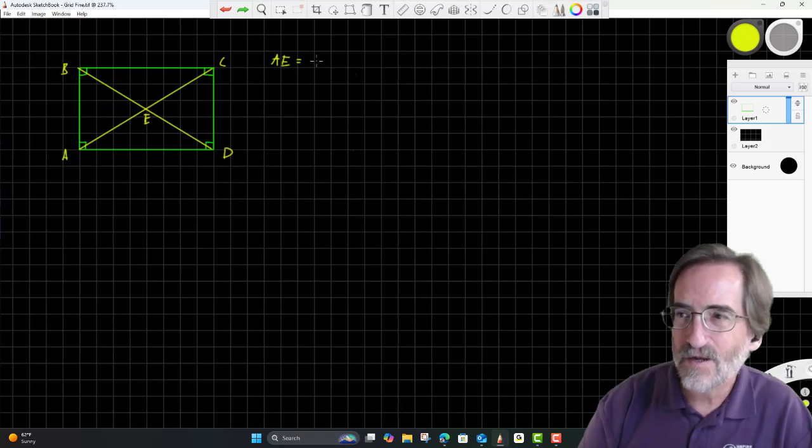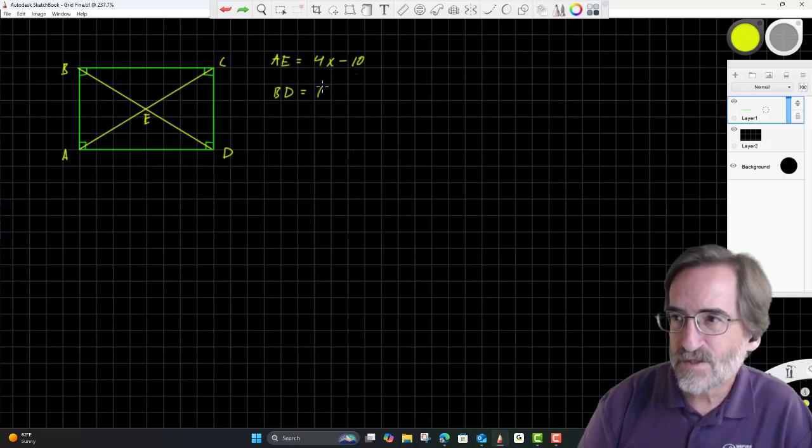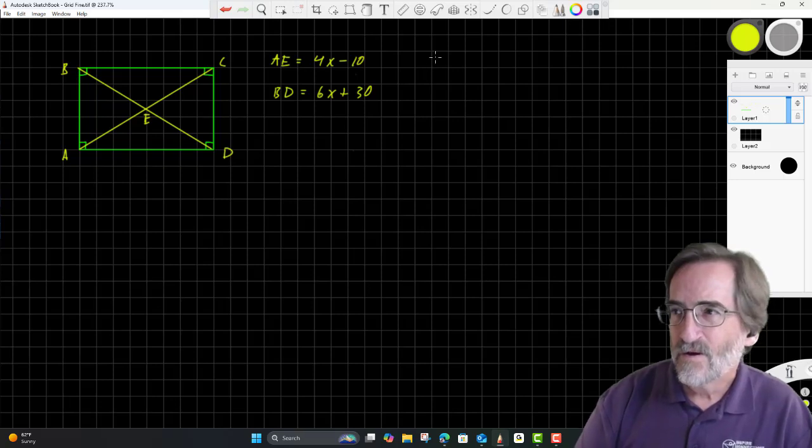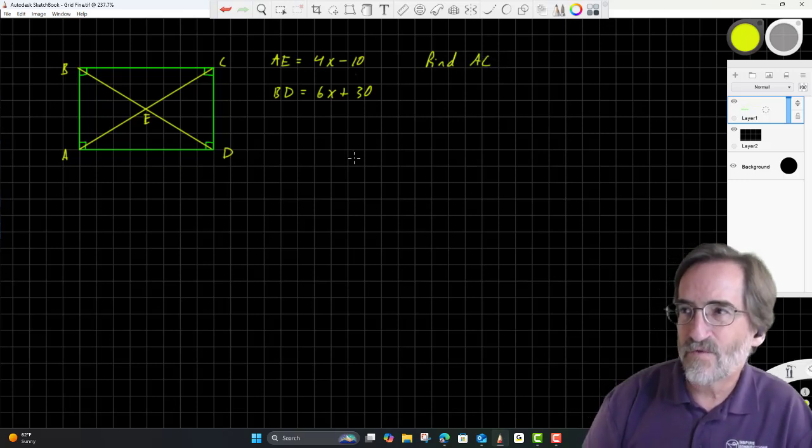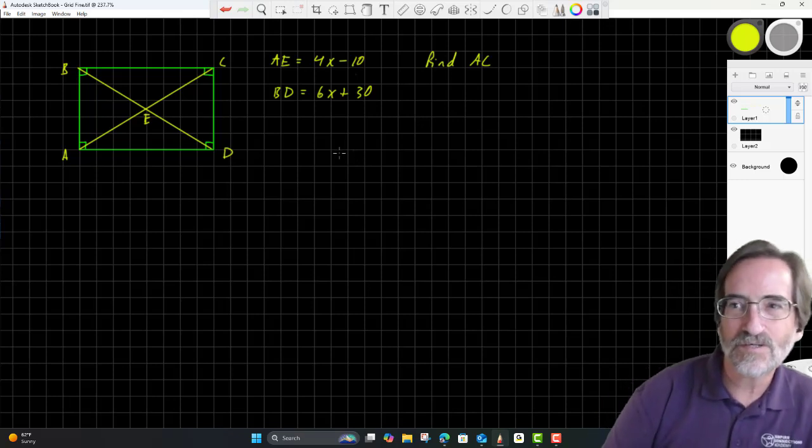Distance AE is 4x minus 10, and distance from B to D is 6x plus 30. Find x. Actually, I'm just going to say find the length of AC from this information.